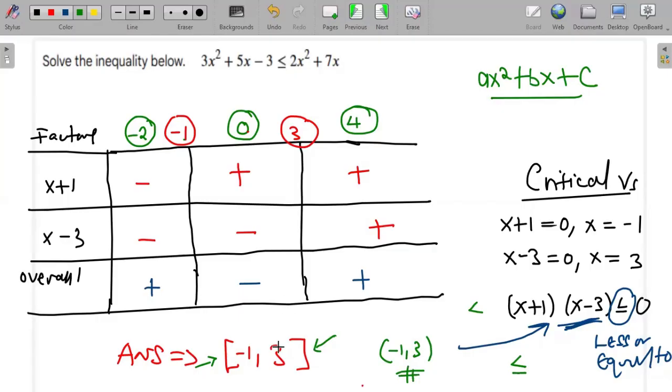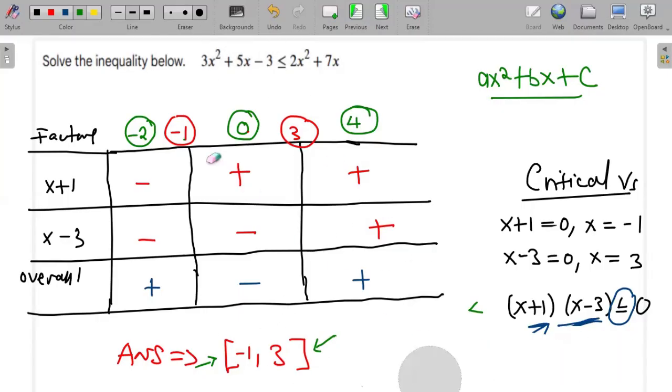All right, so our answer is this one. And then you can go on and even represent it on the number line. On the number line, it's just -1 and 3 somewhere. Shade on 3, shade on -1, and then draw a line and shade there like that. So that would be the answer there.